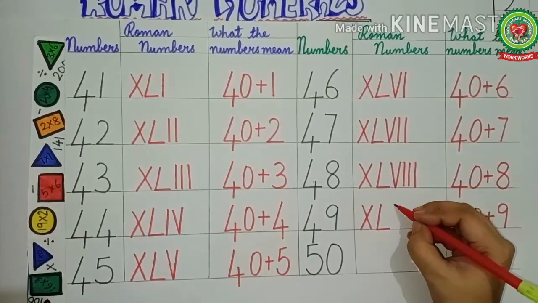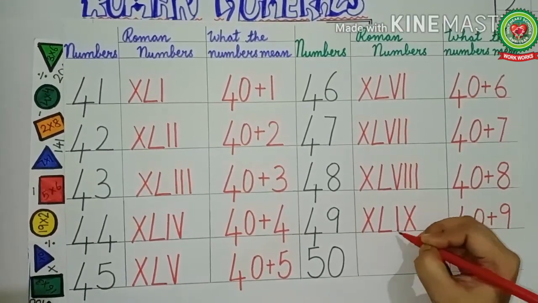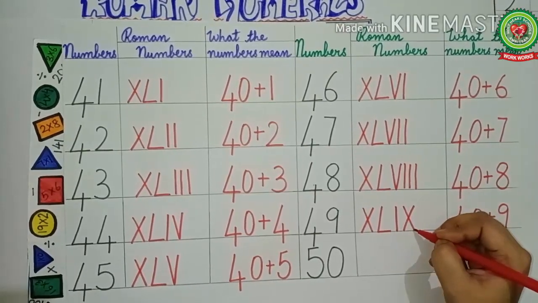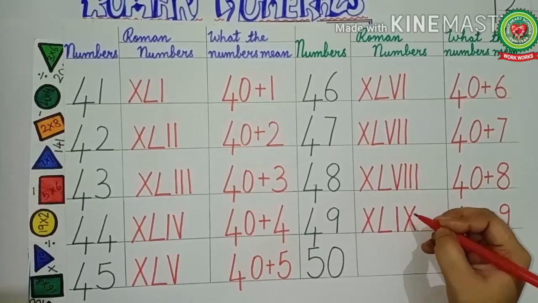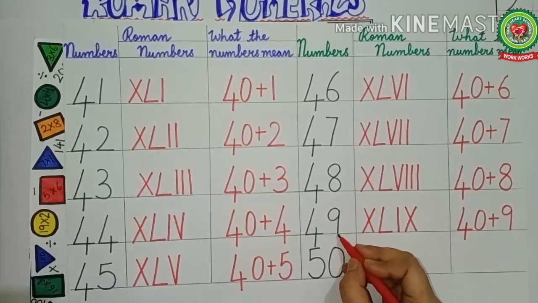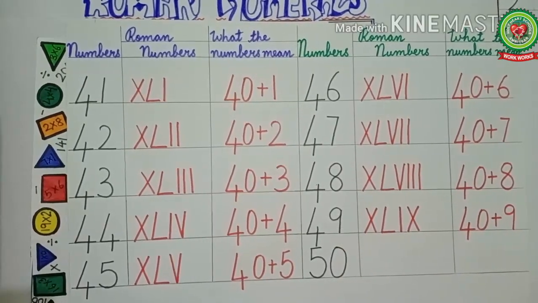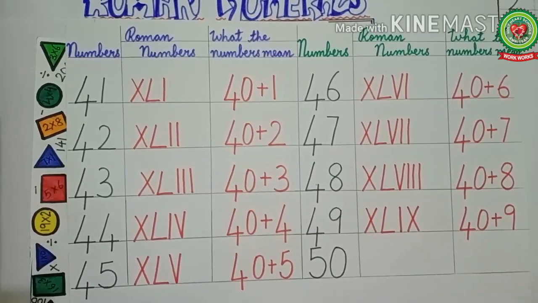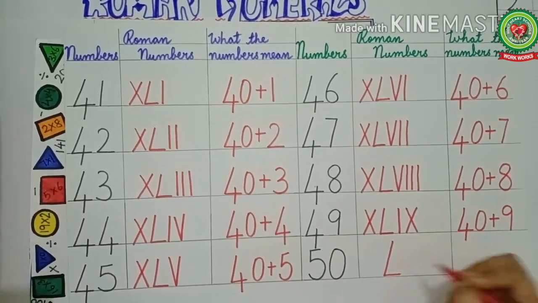We will write first over here I, then X. I means 1, X means 10. That means we are subtracting 1 from 10. So XLIX becomes 49. Now the last one is 50. I think it is the easiest one. We all know how we write 50. 50 means L.